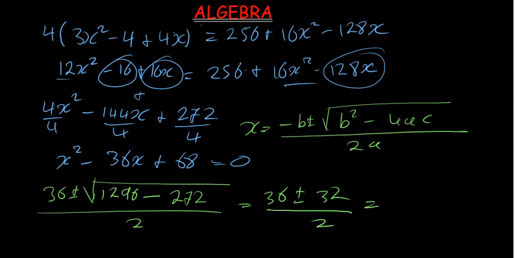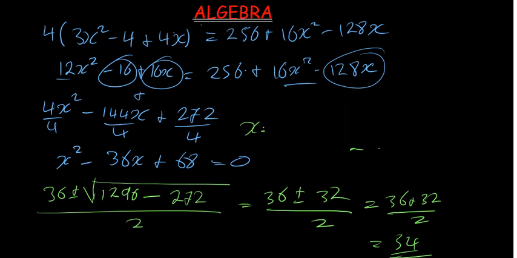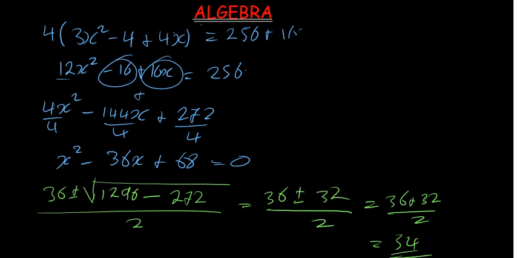Either you say 36 plus 32 divided by 2, which gives you 34. And another value is 36 minus 32 divided by 2, that is 4 divided by 2, which is 2.